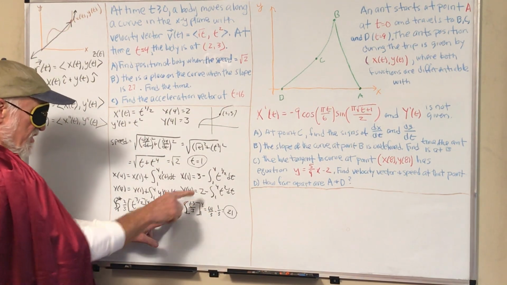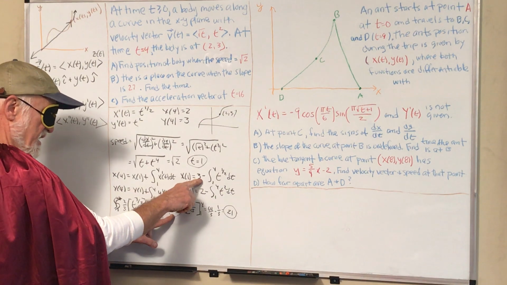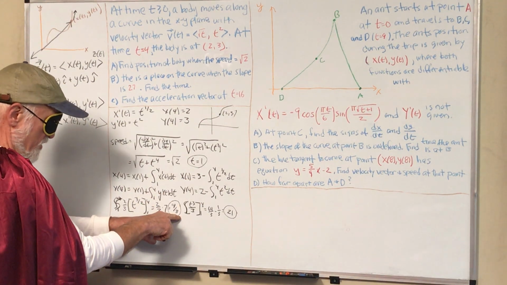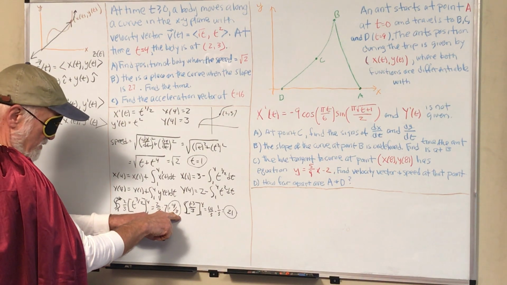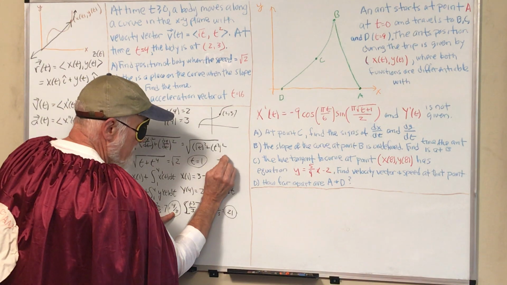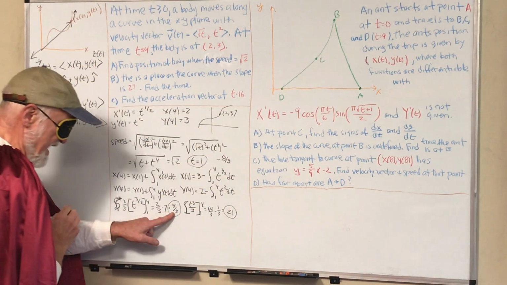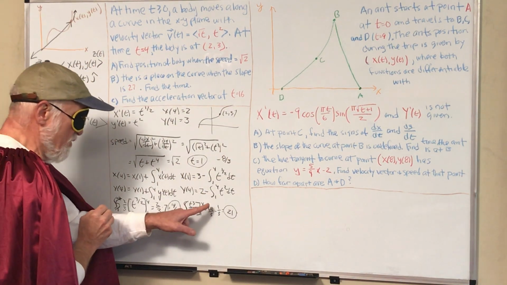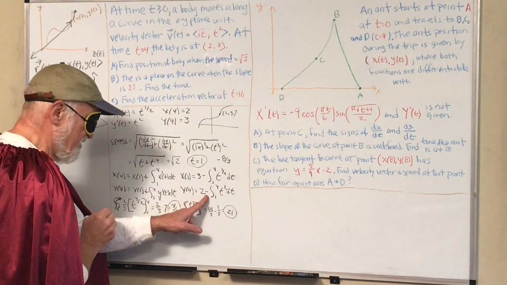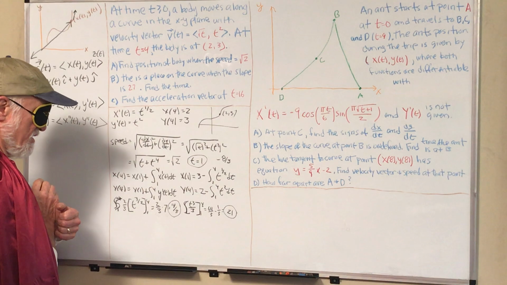So when the x started out, well, if we go 3 minus 14/3, we go minus 8/3. So that would be the x-coordinate at time 1, and the other one would be 2 minus 21.